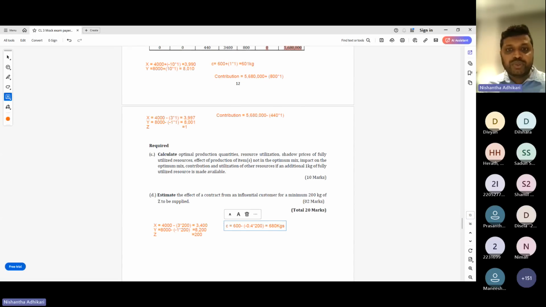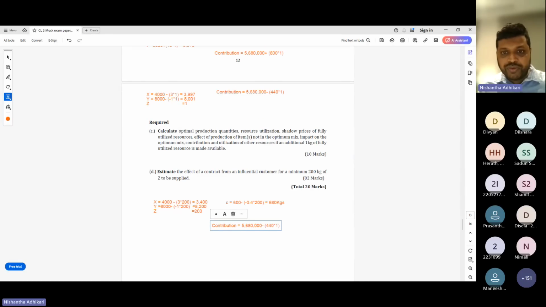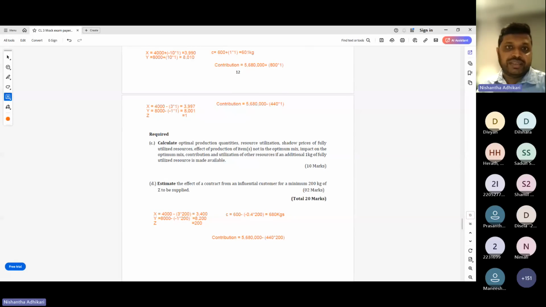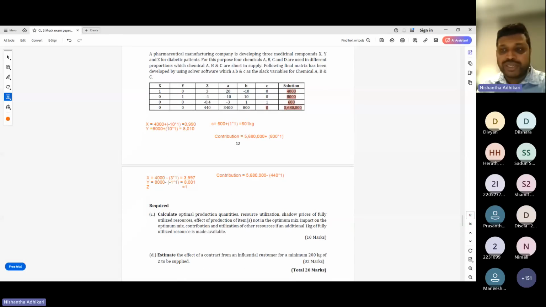Your total contribution, how did it happen? The contribution of 5,680 less 440 into 200. This is how it will look, right? I have just run through this illustration because we didn't have much time.